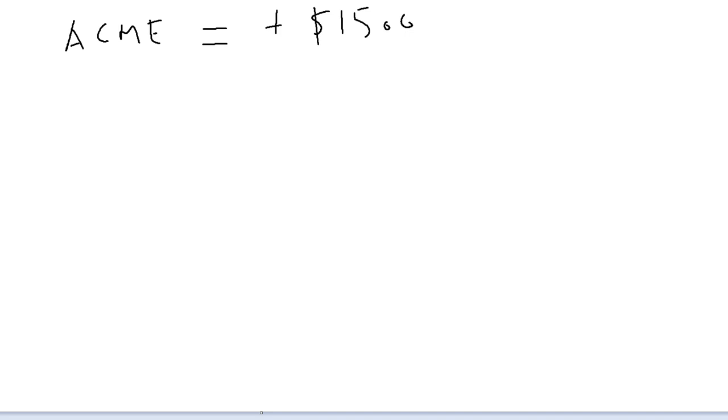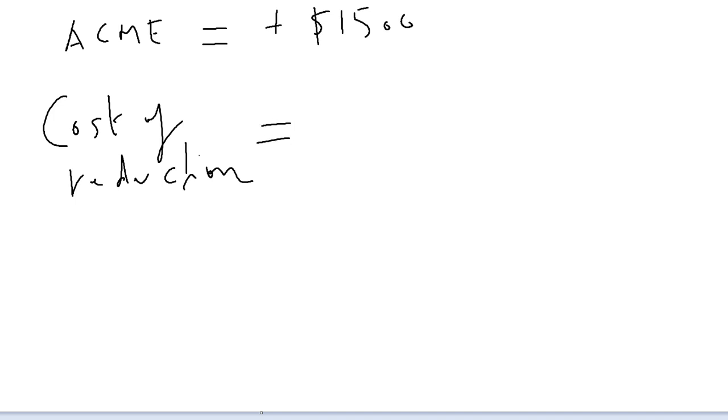Okay, note that since they now are short 10 permits, they're going to have to do cost reduction for 10 tons of emissions for which they don't have permits. For Acme, it's simply going to be the amount that they still have to reduce.